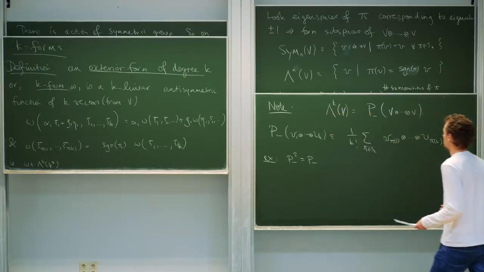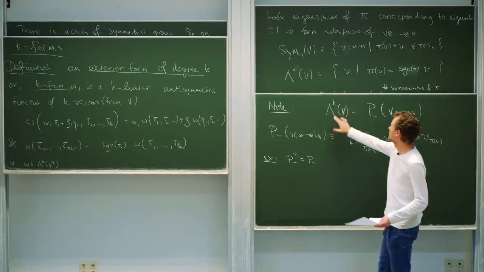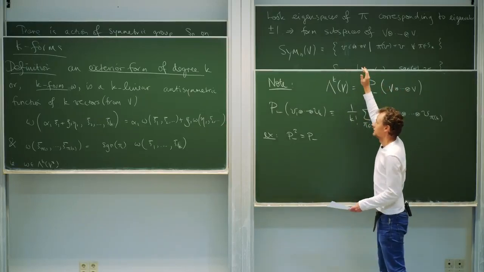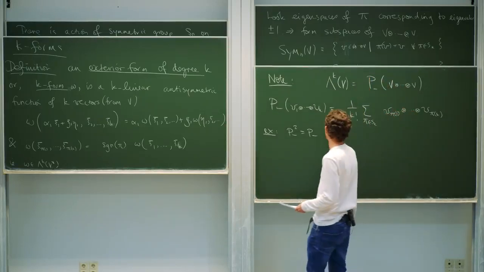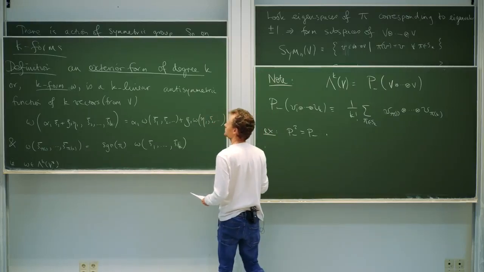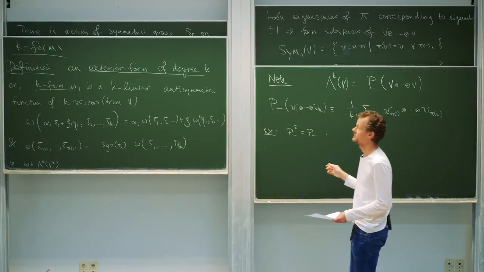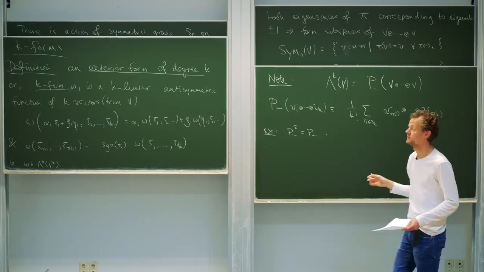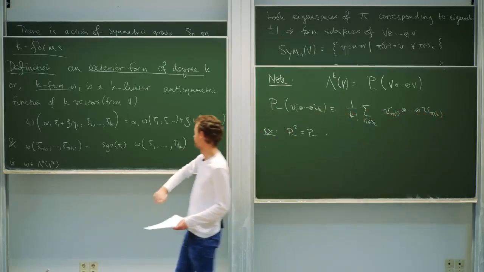So that's how you can build wedge k of V. Right. And the space of k-forms is none other than wedge k of V star.